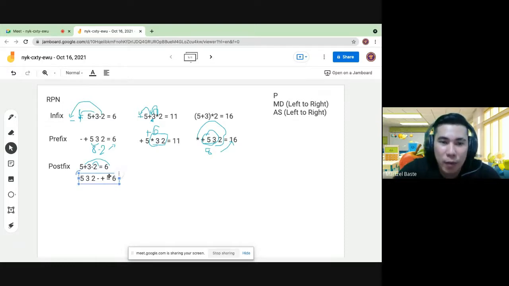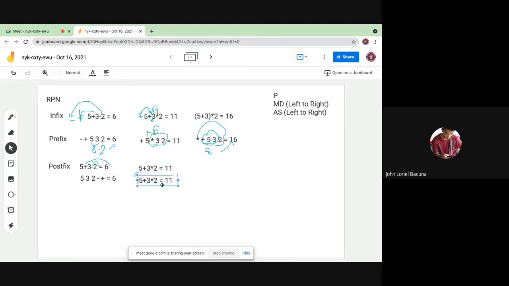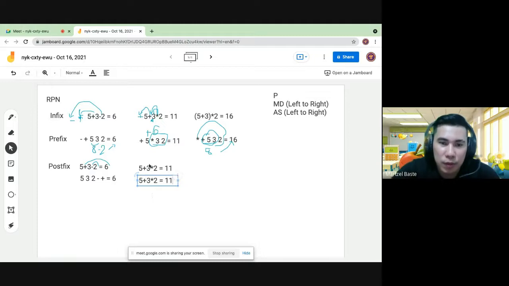Okay, so how about this one? Unsay postfix notation ani? Sa 5 plus 2 plus 3 plus blah blah. So unsay postfix notation ani? 5, 3, 2, tapos multiplication, addition. So, first is multiplication and addition.